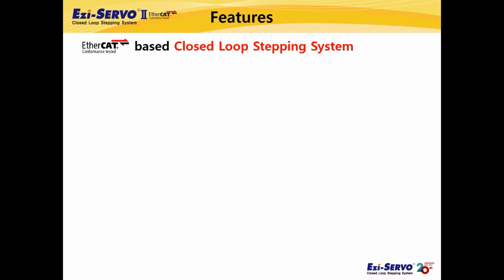Now let's check the features of Ezi-SERVO II EtherCAT products. Ezi-SERVO II EtherCAT is an EtherCAT-based closed-loop stepping system product. It supports CIA402 drive profile, a standard profile for drive motion control.